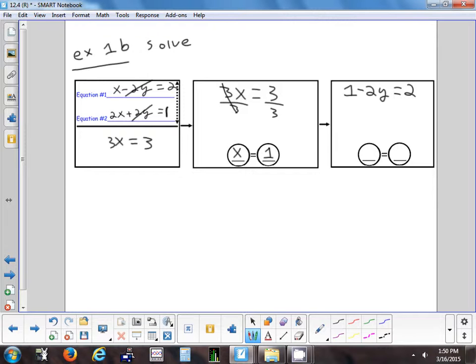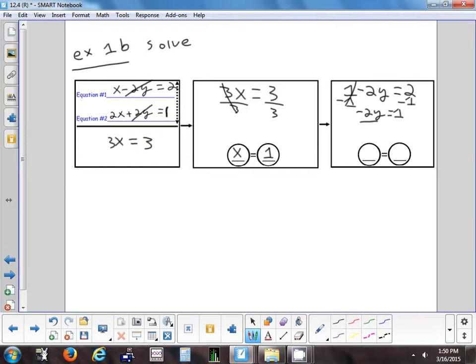Joe, what would be my first step to solve that? Minus 1. Good. So I get negative 2y. Joe, what's 2 minus 1? 1. Okay, now I got 1 step left. Savon, what's my last step? Divide.